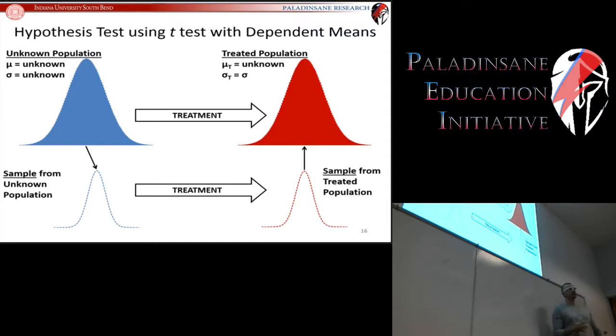Anytime you do a study where you measure people before treatment, then give them the treatment, and then measure them after treatment, you are doing this dependent means design. Anytime you measure subjects in one condition, for example before treatment, and then measure them in another condition after treatment, this is the design that you use.